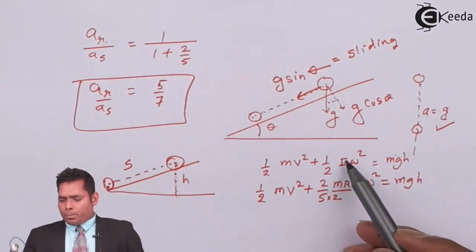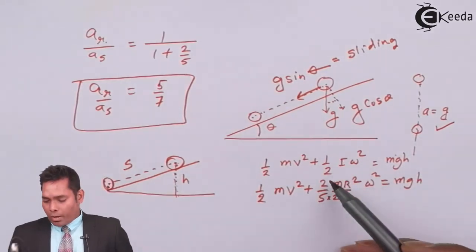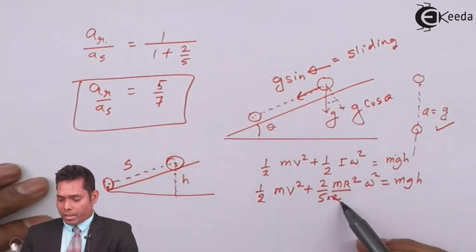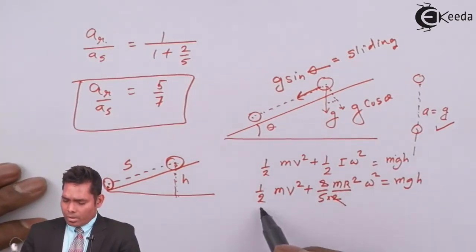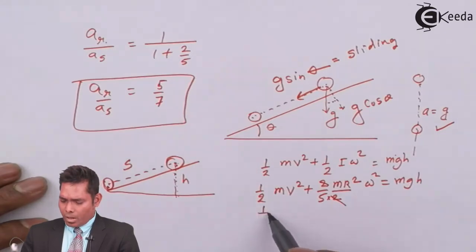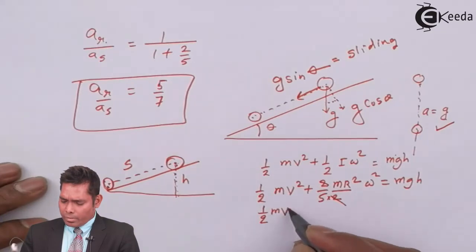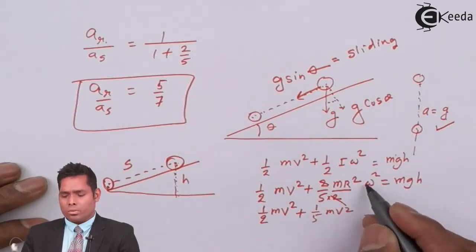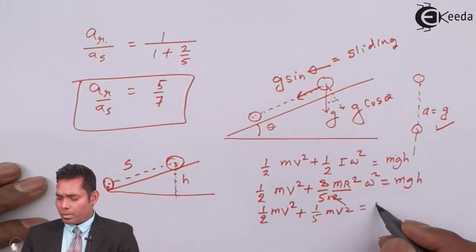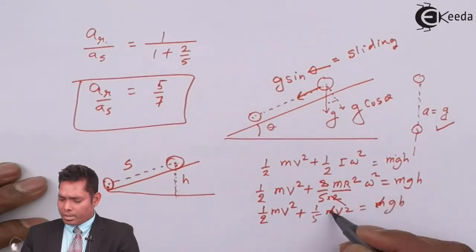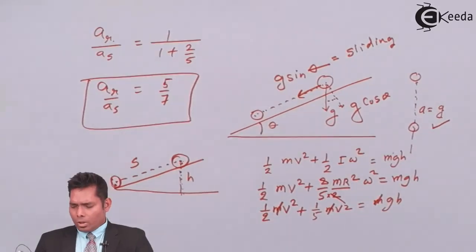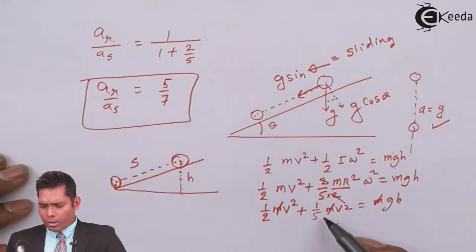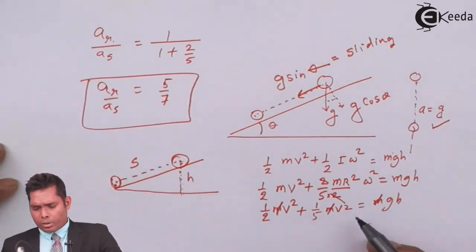I put the value of I, which is 2 over 5 mr square, the moment of inertia. This is half mv square plus 1 by 5 mv square, because v is omega r, equals mgh. Solving this, you will get the value of v here.